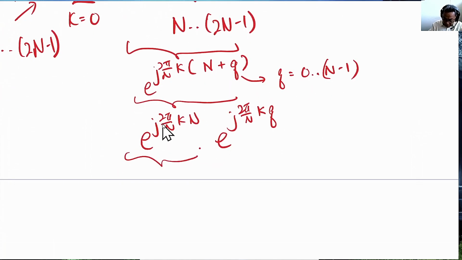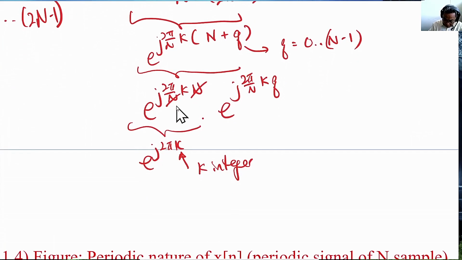Notice that this part, capital N, can be reduced, and now we are left with e^(j2πk), and remember k is an integer, so this is j times 2π. Any value of k, 1 or 2, will become j2π, 4π minus 2π, and this is the same as value 1.